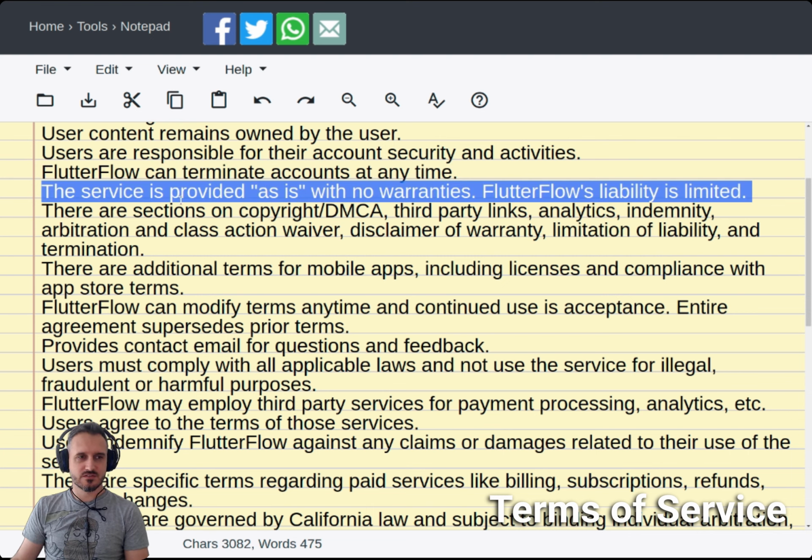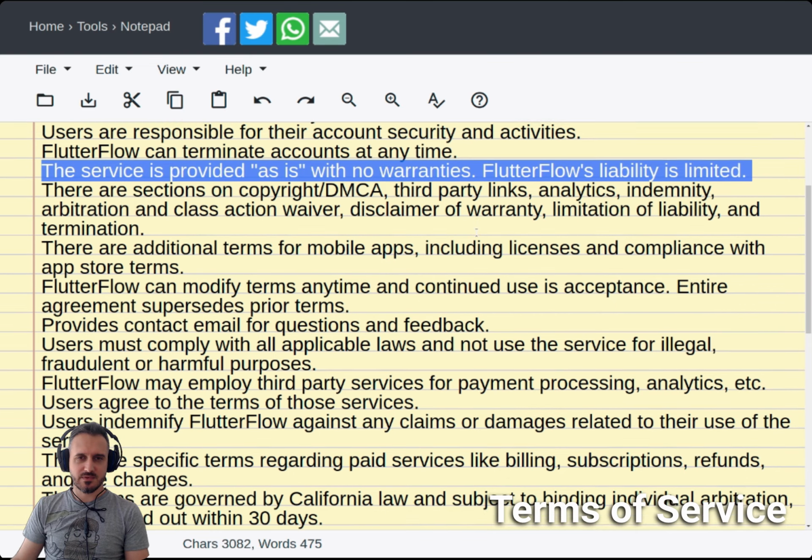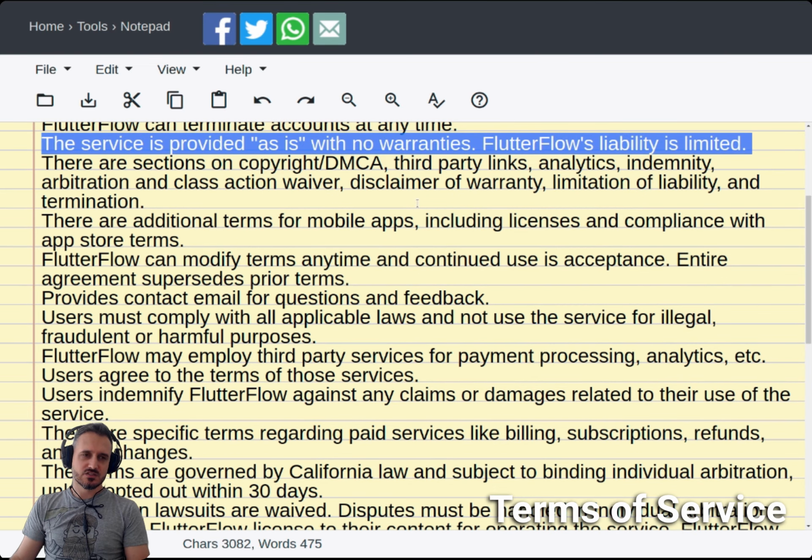And then we have: the service is provided as is with no warranties. Flow's liability is limited. So again, I think this is normal. They're not giving you any warranties regarding, like, if you build some app which is going to crash or you're going to lose money because of the code that Flow provided for you.